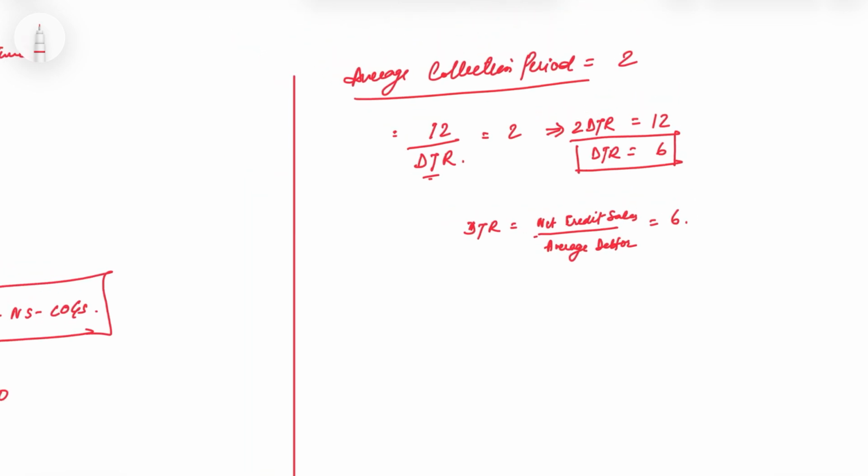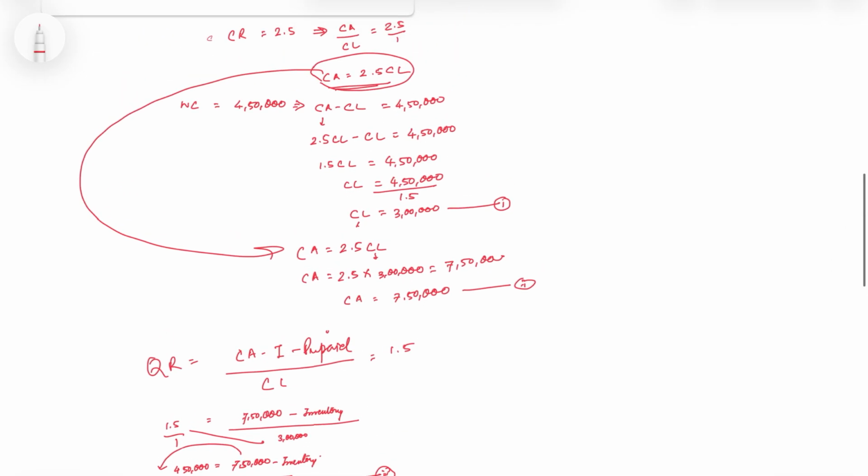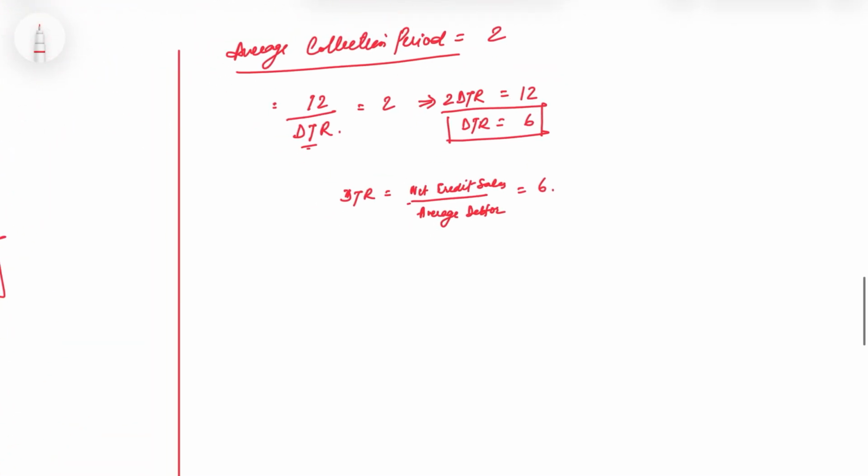Since no separate credit sales are given, all sales are credit sales, so credit sales are 22 lakh 50,000 divided by average debtors, equal to 6.